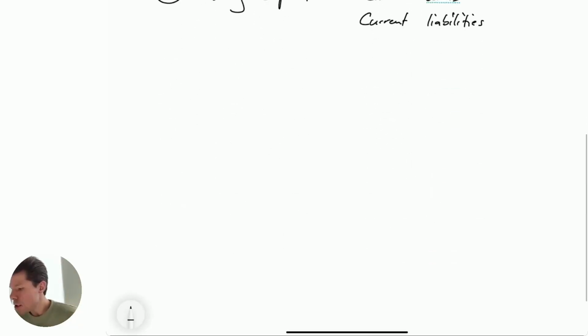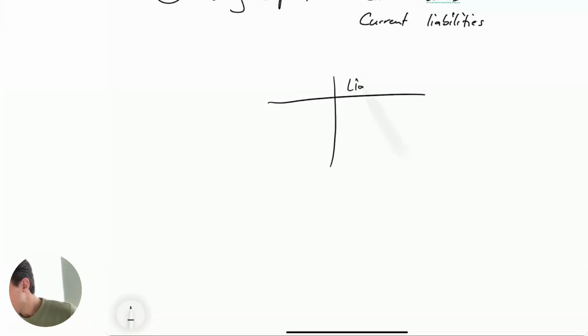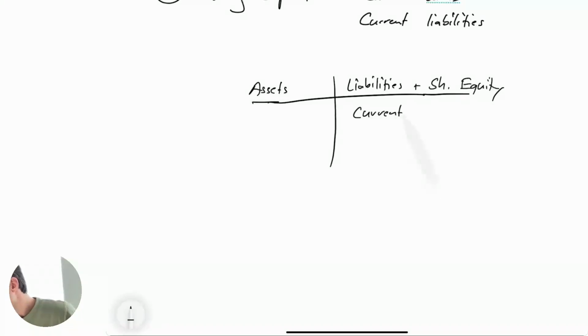If you look at the balance sheet again, liabilities plus shareholders' equity, and here assets. Current liabilities, long-term debt, and shareholders' equity.